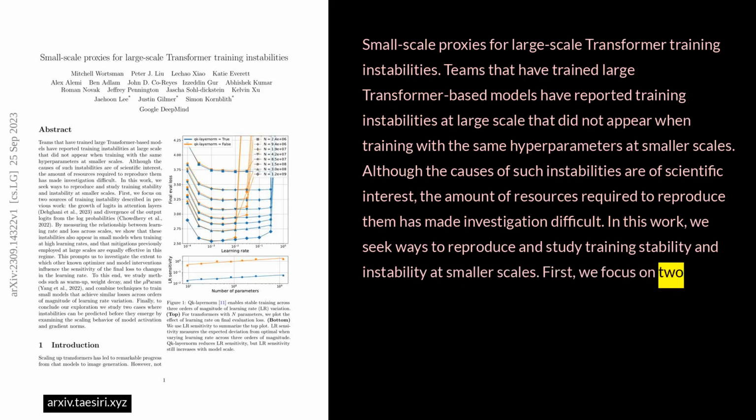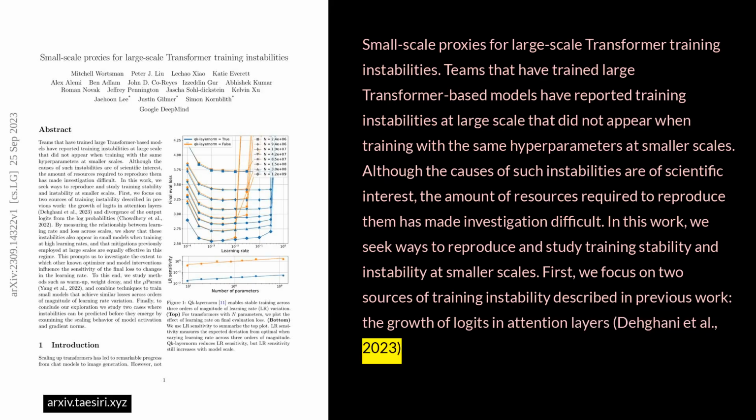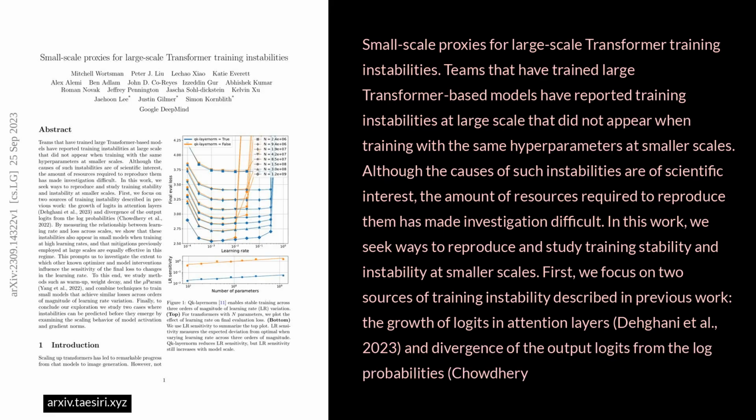First, we focus on two sources of training instability described in previous work: the growth of logits in attention layers, Dehghani et al., 2023, and divergence of the output logits from the log probabilities, Wortsman et al., 2022.